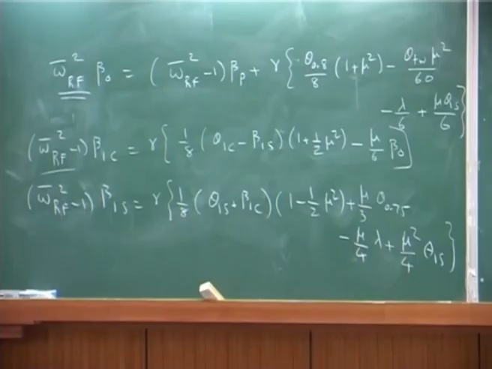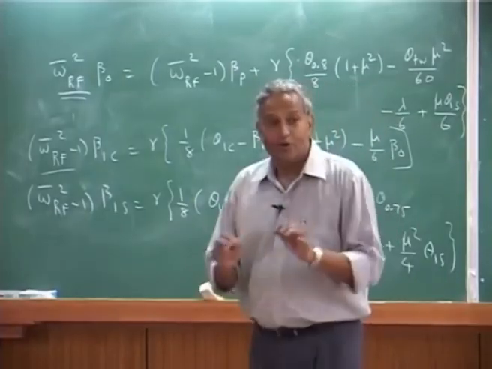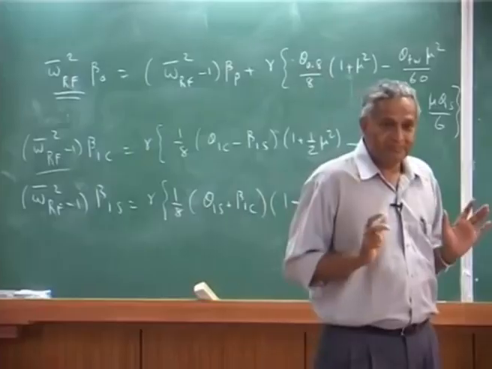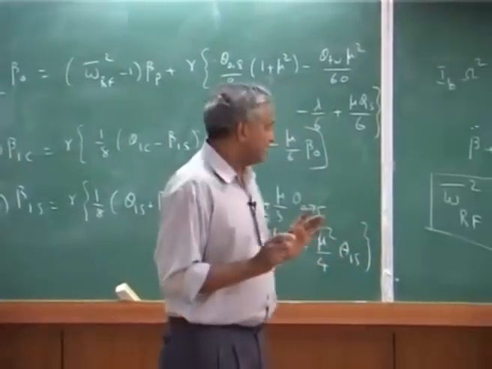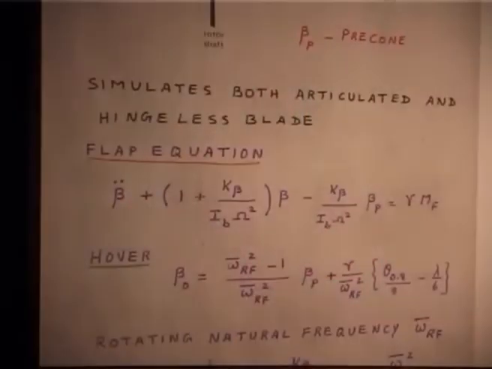Now, if you take the hover case, because I am coming to a simple flight condition, which is the hovering flight condition, then you set mu to 0. If you do that, let us look at only the beta naught part, that is the coning.